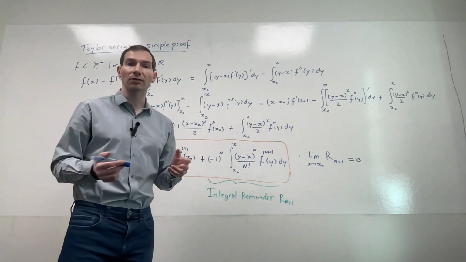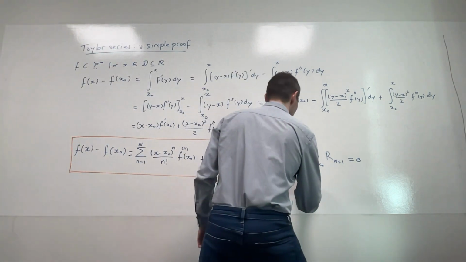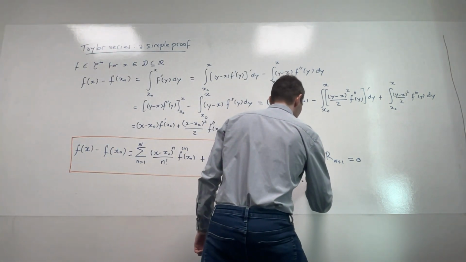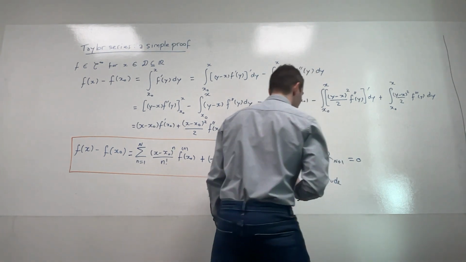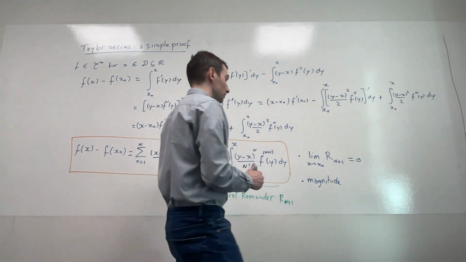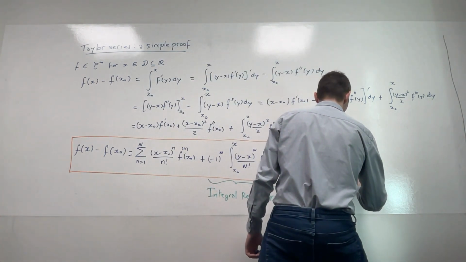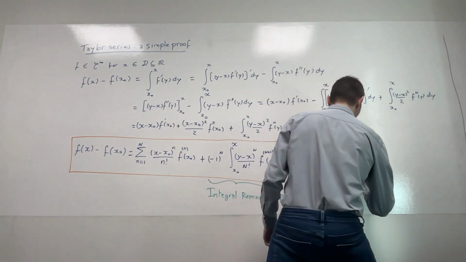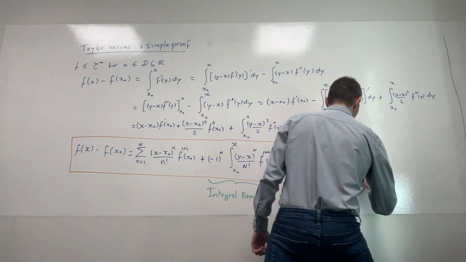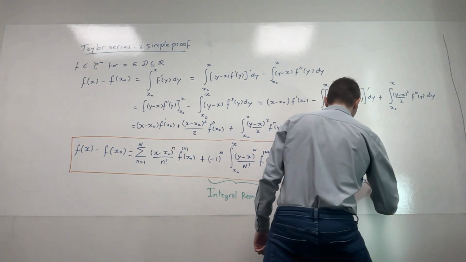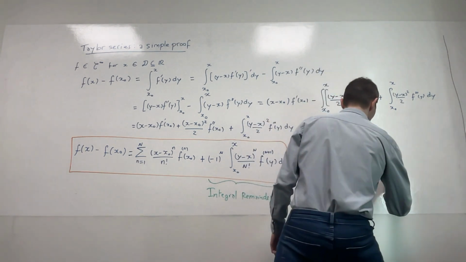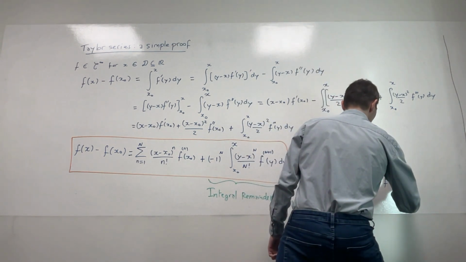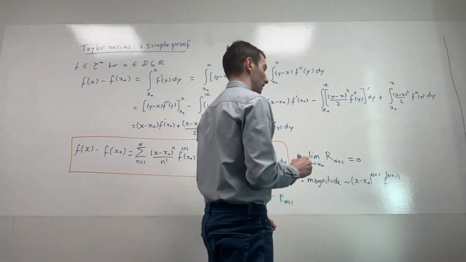Then the order of magnitude, or at least the very first term of this magnitude, is going to be of the order of (x minus x naught) to the power n plus 1, times the derivative at x naught.